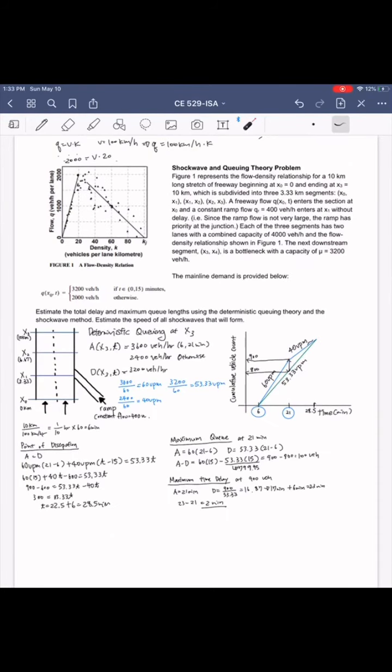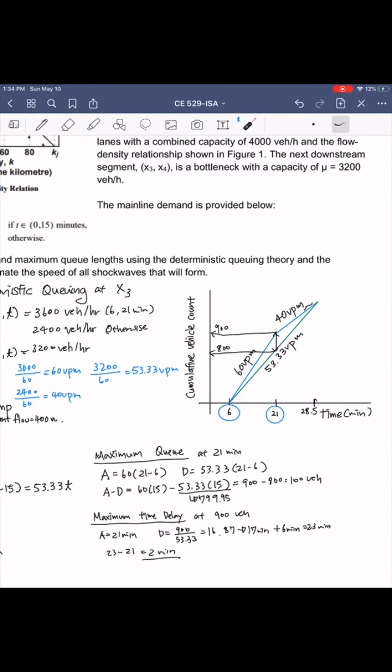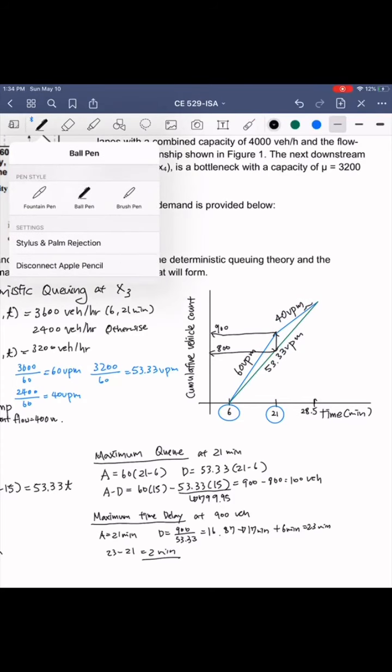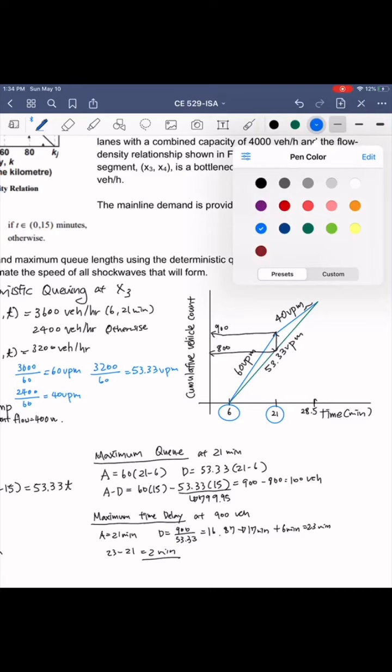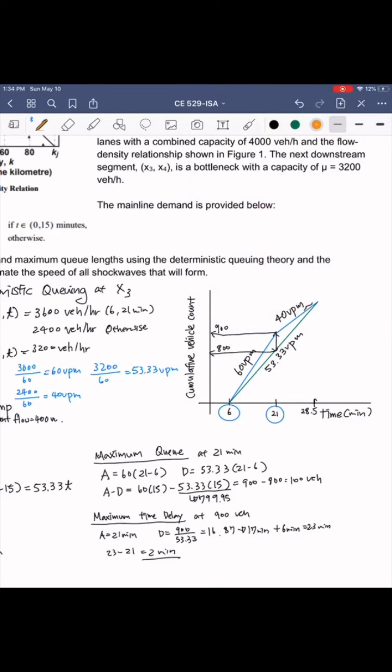So finally, let's calculate the total delay here. Total delay is calculated by calculating the area between the arrival curve and the departure curve here. So these are the two triangles here. I can calculate the two triangles at once because we know the base and height.